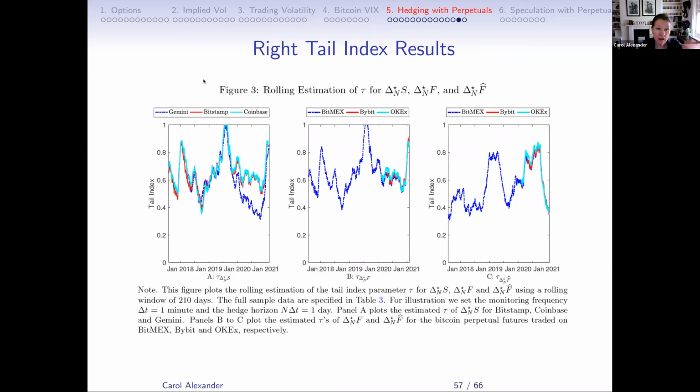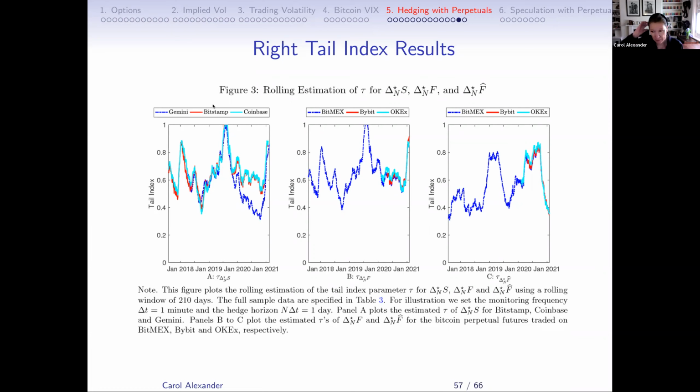Here are some results on the tail index estimation. The generalized extreme value distribution is a Frechet when the tail index is positive, and it always turns out to be positive. It seems to be pretty good for the direct futures and the inverse futures across the different exchanges, except on the spots, where Gemini is quite different to Bitstamp and Coinbase.